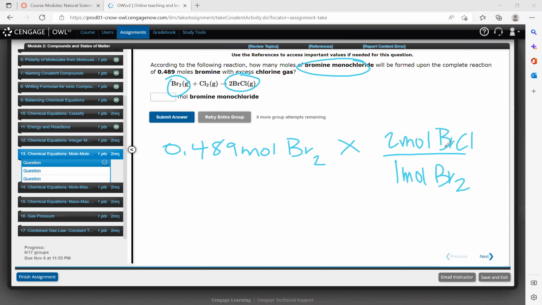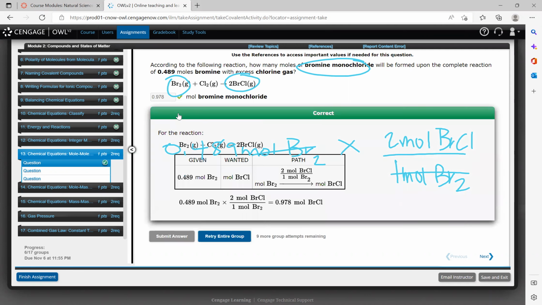And again, it has to do with that coefficient out in front. These guys cancel out. And now we have 0.489 times 2. We get 0.978. Submit our answer, and we're good to go.